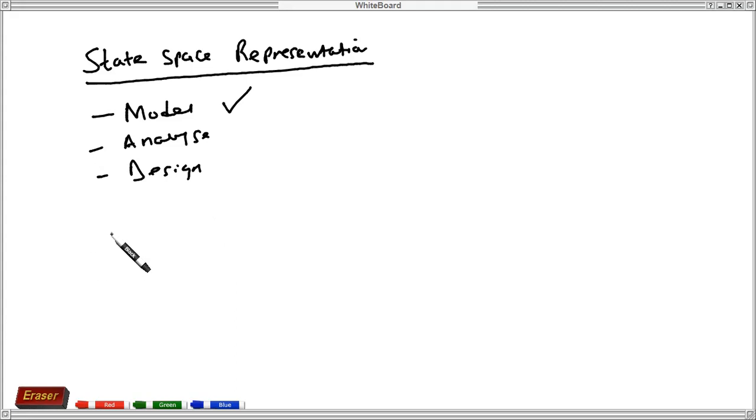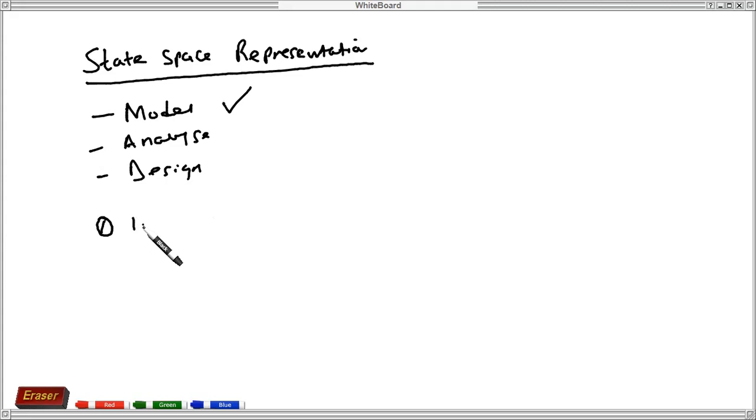For us to design systems in the state space representation, we require knowledge of three variables. The first two have been defined in previous studies of control systems.